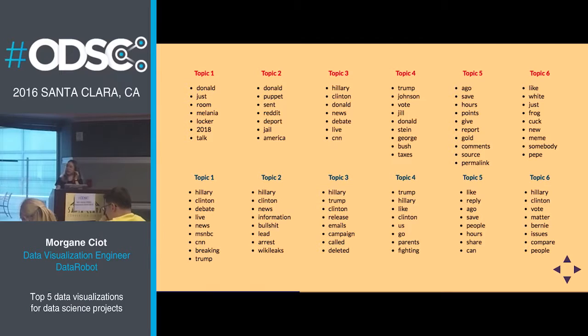For the purposes of this analysis, I built two topic models. One trained on a held out section of the Trump meme data, so those meme text captions, and a second one trained on a held out section of the Hillary meme data.